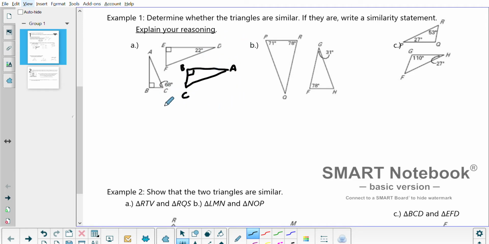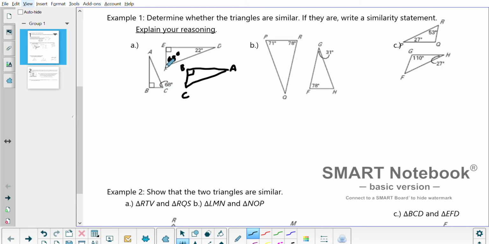So down here we have angle C is 68 degrees. That corresponds with F. To figure out F, we know the three angles in a triangle add up to 180. So we can take 90 plus 22 to give us 112. If we subtract 112 from 180, that'll give us 68 degrees for angle F. Angle F corresponds to angle C, which is also 68 degrees.